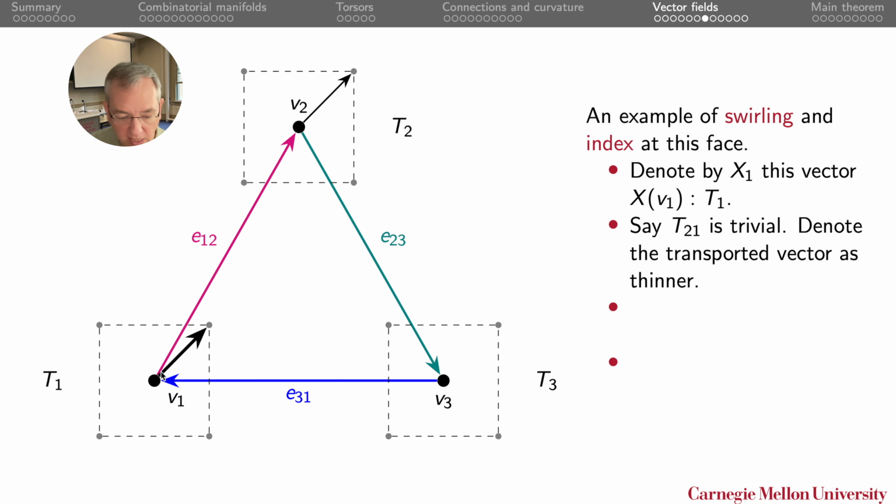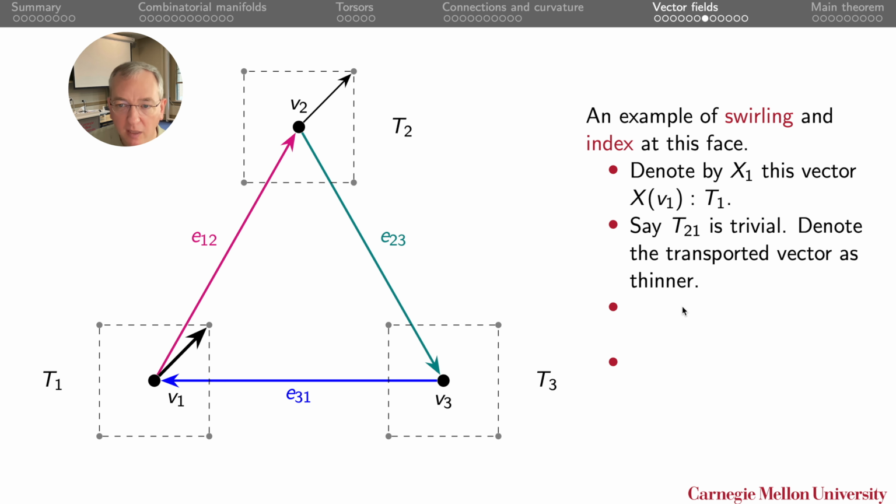So let's say T21, which I'm using the notation T21, is a little backwards, but it's meant to be function notation. So T21 is the transport along edge E12. So T21 takes terms in T1 and turns them into terms in T2. So if we think of them as input, they eat terms on the right and spit out on the left, then T21 kind of is meant to show that things move right to left.